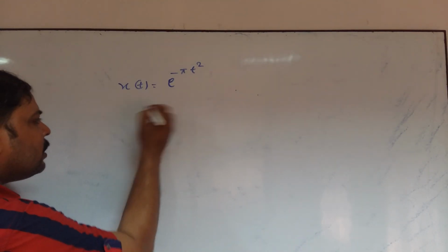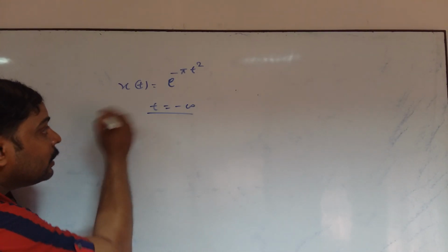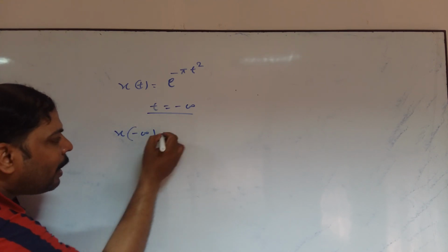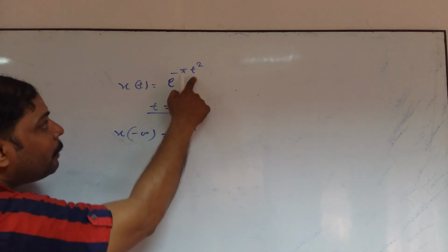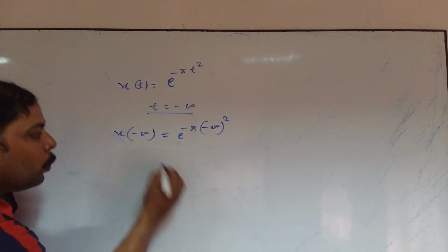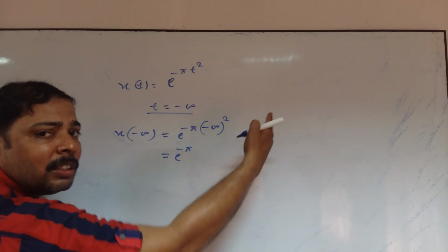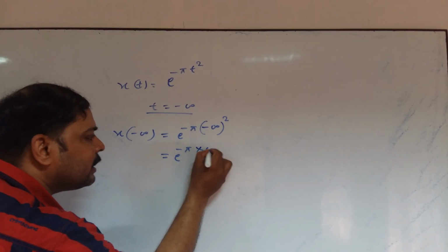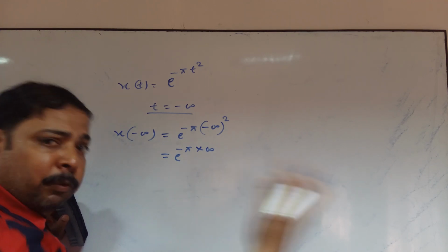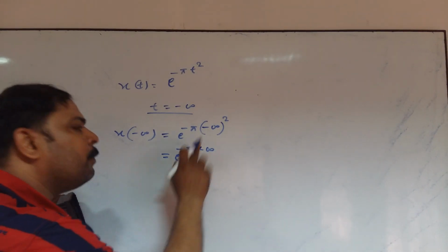For the plot, let us first consider t is equal to minus infinity. If you take t is equal to minus infinity, that means x of minus infinity, in place of t you use minus infinity. X of minus infinity is e to the minus pi times minus infinity square, which again gives infinity. Actually infinity square is different from infinity, but let me consider infinity square as infinity.